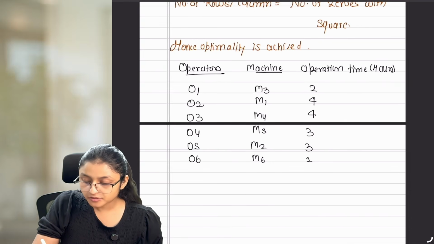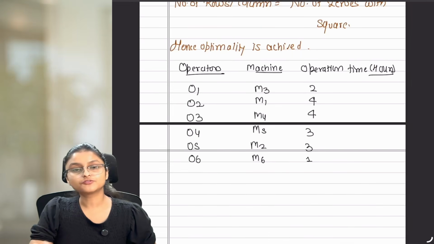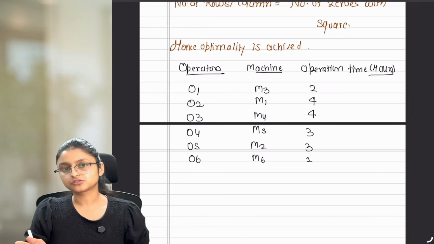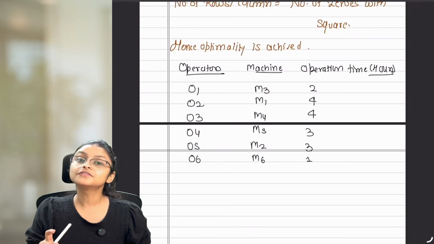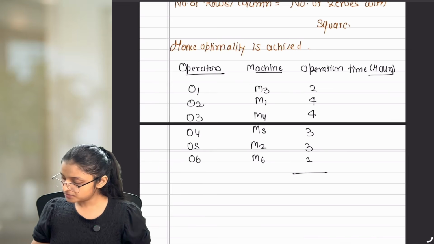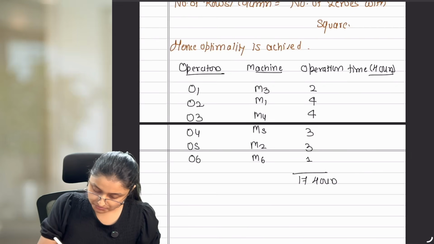Will I find here multiple optimal solutions? Answer is no. When with the help of row and column scanning itself you found out the answer, there is no multiple optimal solution. That will happen only in the case of random selections. Okay? 2 plus 4 plus 4 plus 3 plus 3 plus 1, that is equal to 17 hours is our minimum operation time.